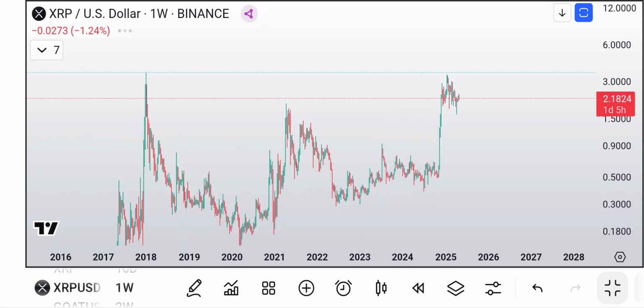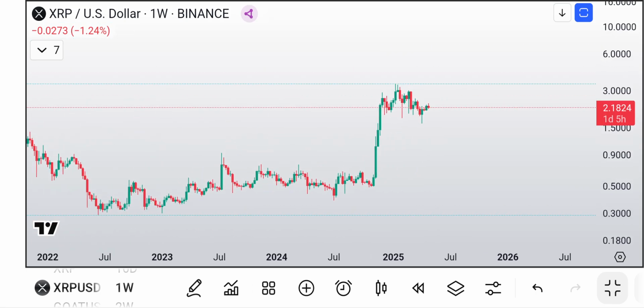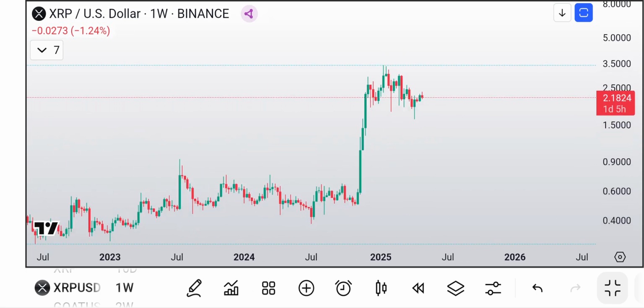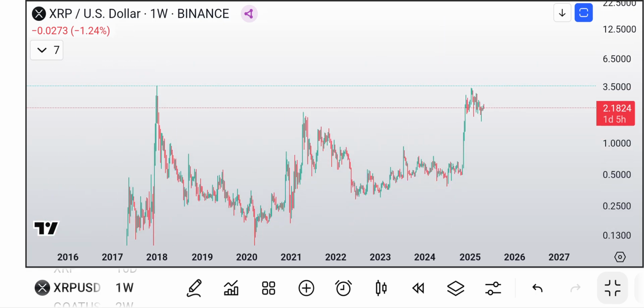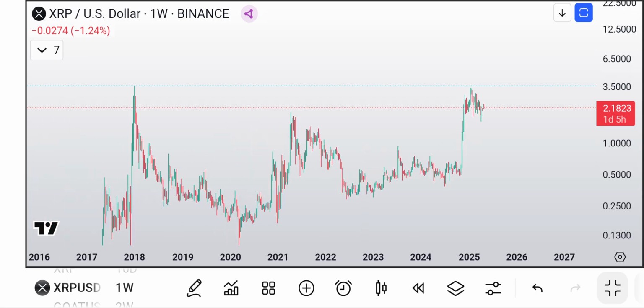So anyways, we're looking for a fifth wave here, right? So wave 1, wave 2, wave 3, wave 4, let's get a wave 5. So I think this wave 5 should come with the anticipation of the tax cuts, the regulation, the Ripple lawsuit ending, the ETF. I think what's holding people back a little bit is the China deal and the tariffs and maybe the economy and the recession fears.